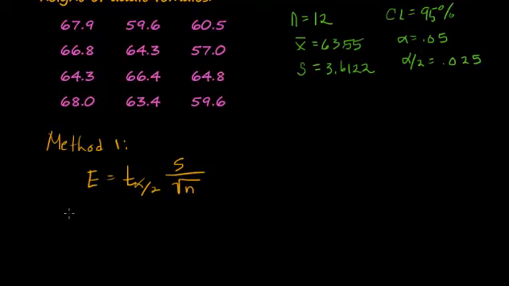Okay, so the critical value, t alpha over 2, is t 0.025, and our degrees of freedom, we didn't calculate that up here, degrees of freedom, n minus 1, will be 12 minus 1, or 11.